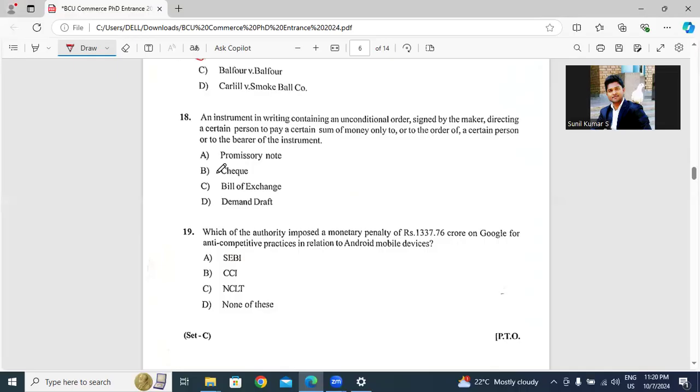Many people will confuse between these two, but the exact right answer is bill of exchange and not cheque, because a cheque will be drawn on a specific banker, but this exact definition suits a bill of exchange. Even though a cheque is one kind of bill of exchange, here we should select bill of exchange.